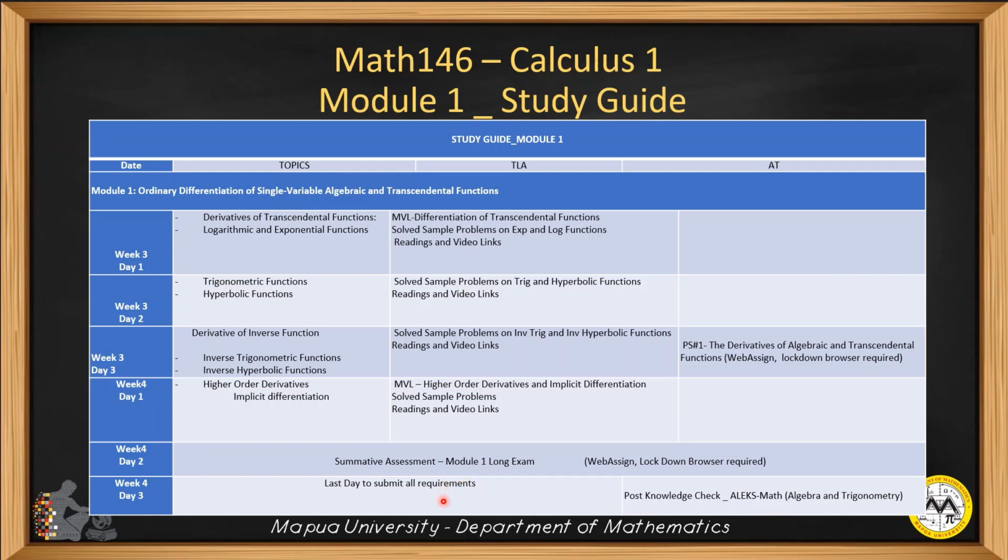And on the last day of the 4th week, that is on the 3rd meeting, you will be submitting all requirements for the module, as well as taking the post-knowledge check of AlexMath on the area of algebra and trigonometry.